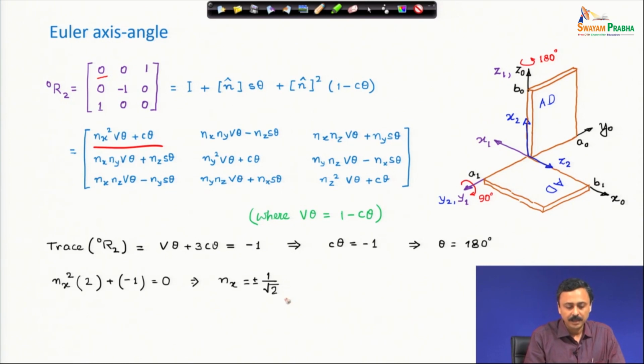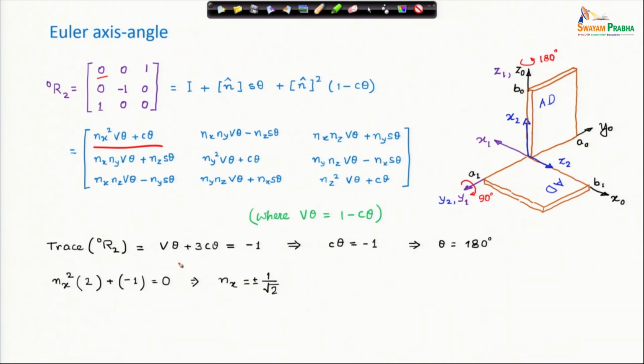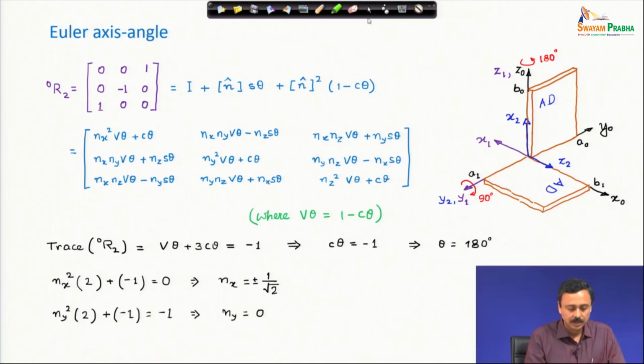From here I can solve for nx, but there is a choice of sign because this comes as a square. So nx turns out to be plus minus 1 by root 2.